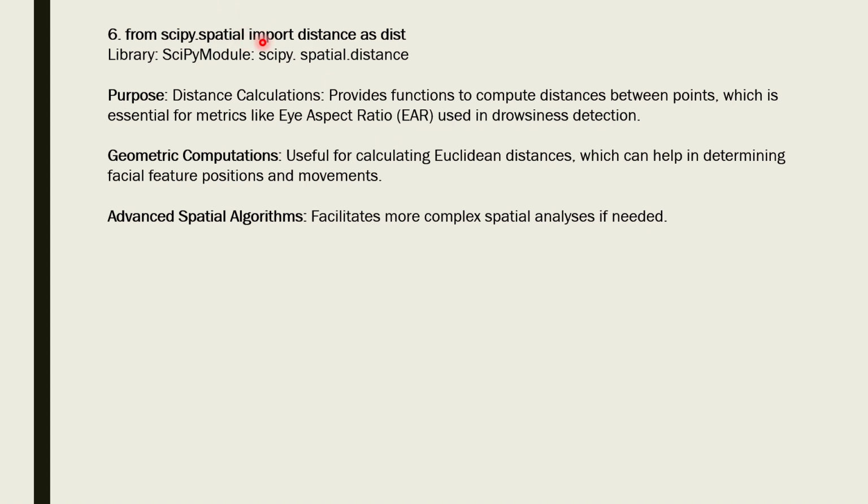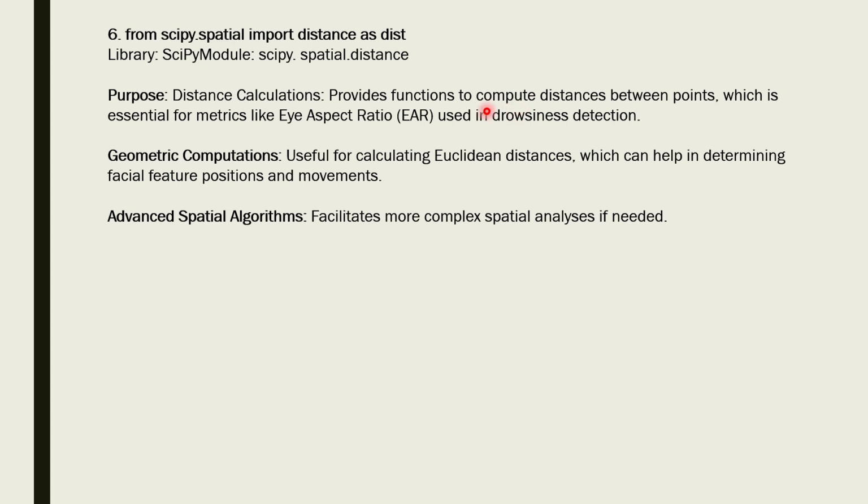Now this is a very important function, the scipy module: from scipy.spatial import distance. You can read more detail about it. The purpose is that we have to calculate the horizontal and vertical distance of the eye.